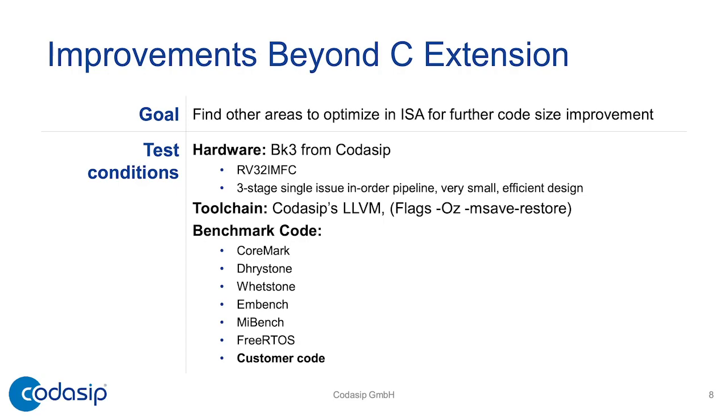As a test condition, we used one of our cores. We used BK3 with floats, compact instructions, multiply and accumulate, and the standard integer set. Then we used our toolchain, which is LLVM based, and we used these flags. We use Oz, which is similar to Os in the case of GCC. We also implemented the M-safe restore mechanism that is currently missing in upstream, as far as I know.